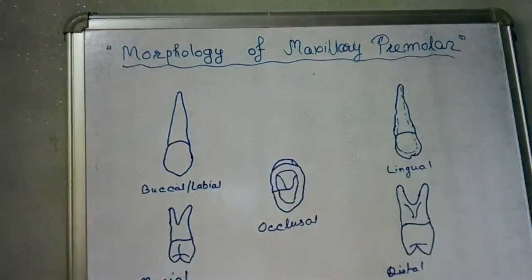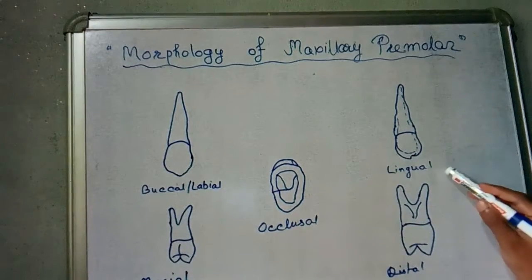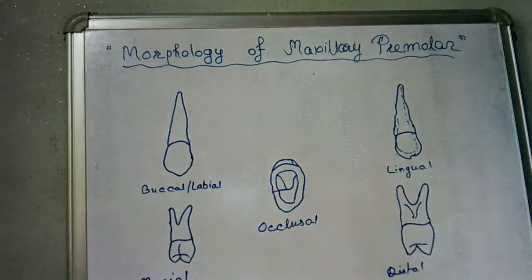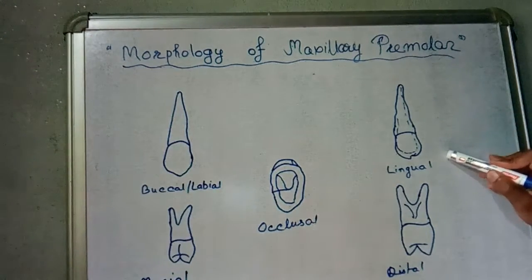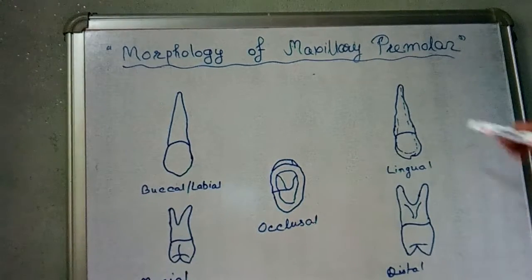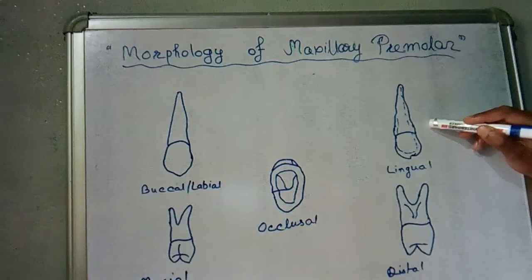Now let's talk about the lingual aspect of the maxillary premolar. The crown tapers towards the lingual cusp. It is narrower mesiodistally than the buccal cusp.